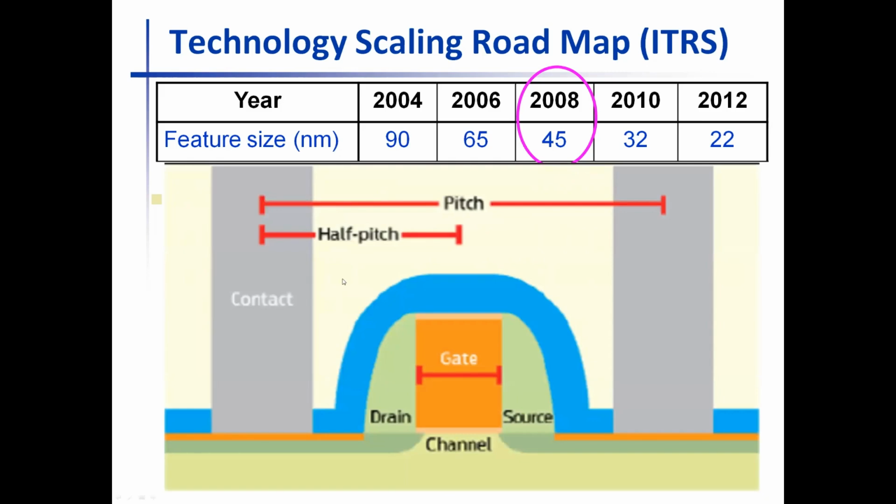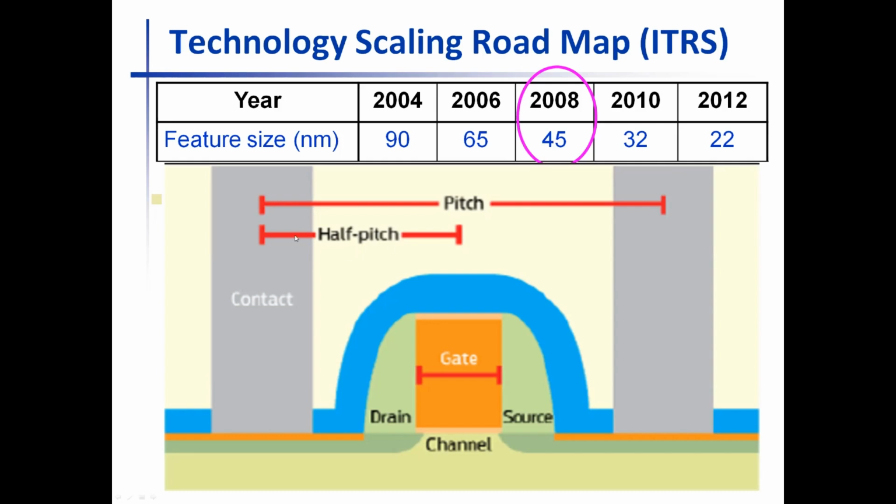Okay, so this is just a diagram of a transistor etched on a silicon wafer, right? So this is a silicon substrate, and you have two metal contacts on either side, the gray pins on either side. The minimum distance between the two metal contacts is referred to as the pitch. Half pitch is obviously half that.